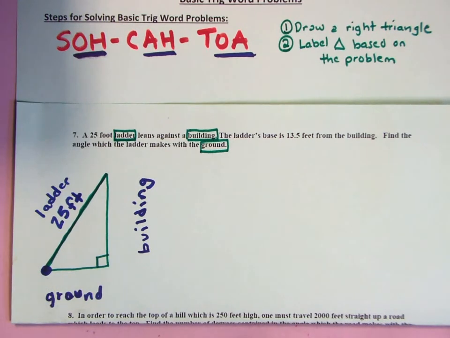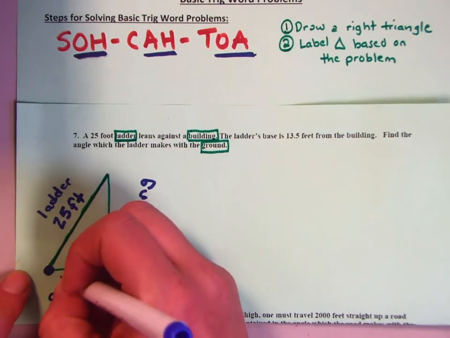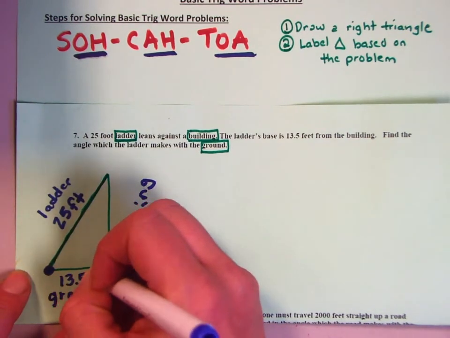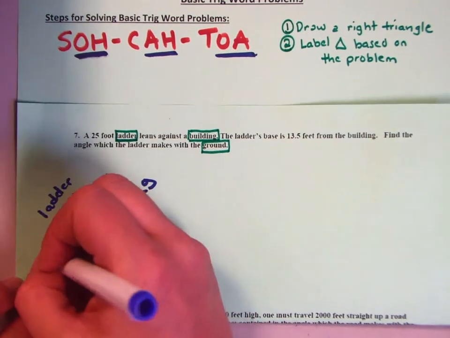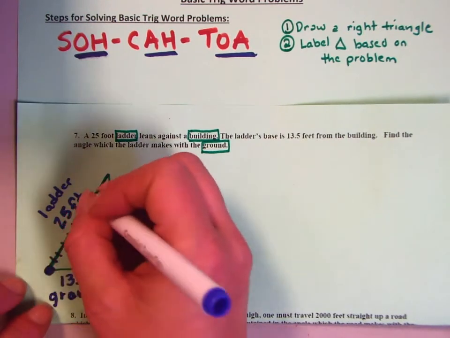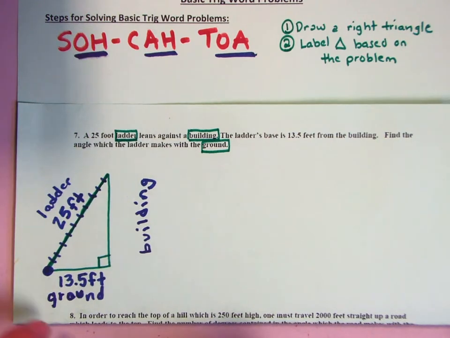So which side is 13.5 feet? The ground. The bottom of the ladder is 13.5 feet from the building.